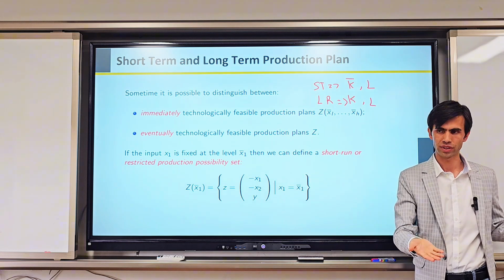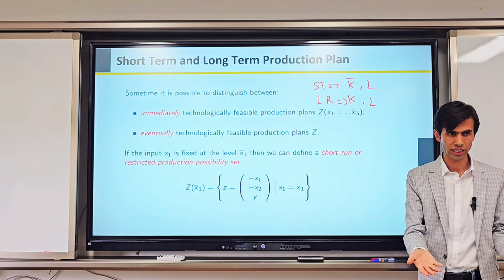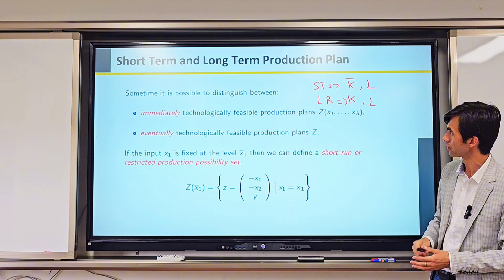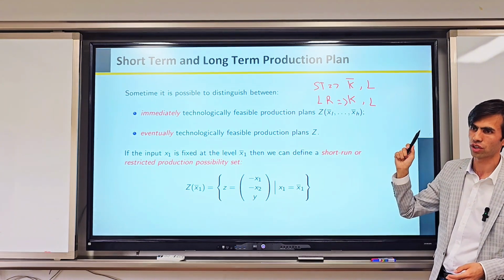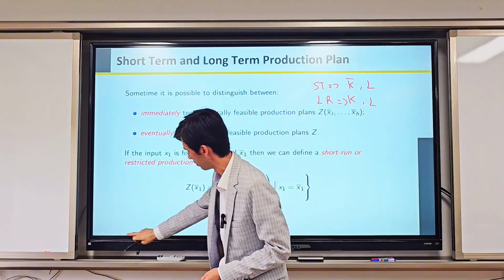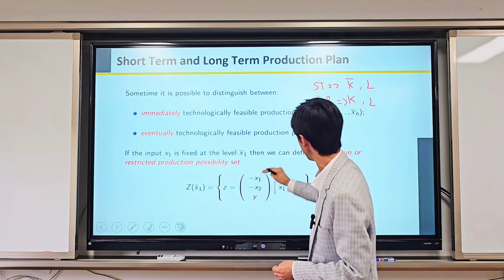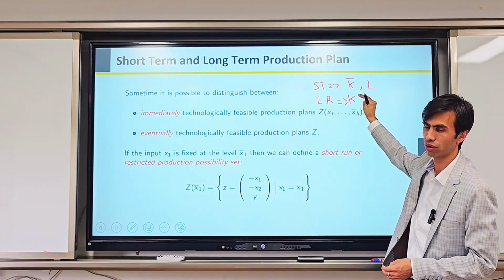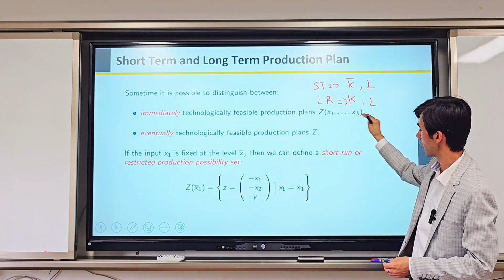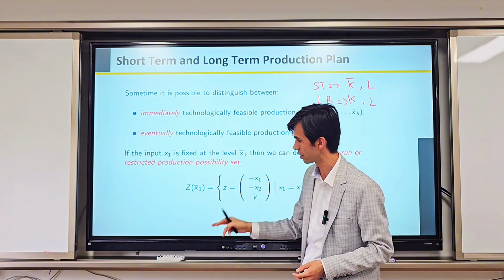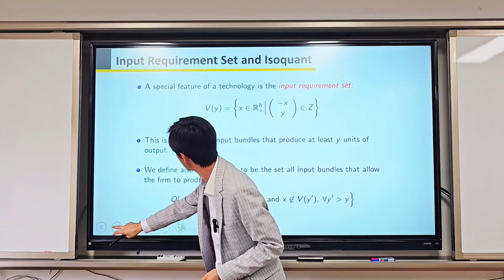So we need more capital and more labor. But in the short run, we cannot do that. So it's the concept of short-run and long-run production plans that we have. In the short run, at least one of the inputs is fixed. But in the long run, everything is changing.